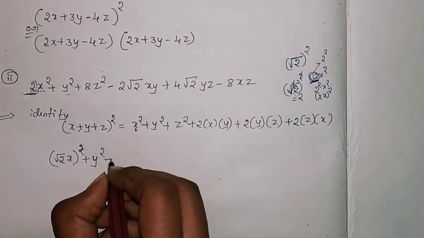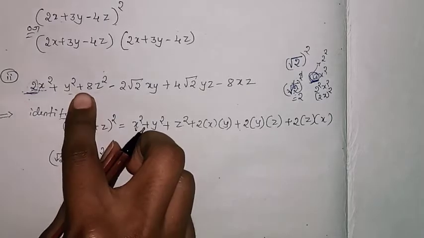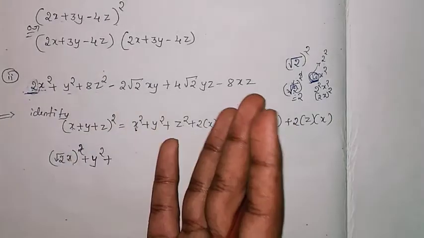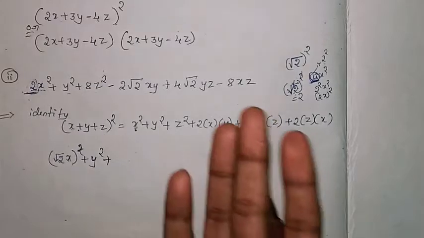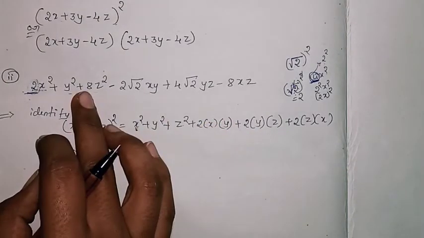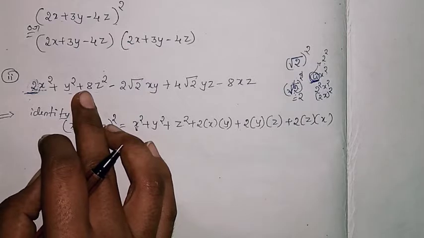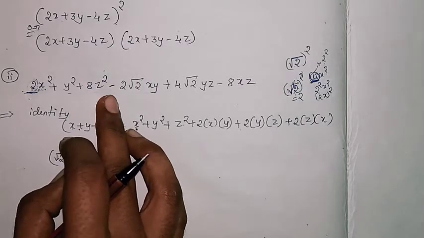Next, the z value that they have given is 8 here. If it is 4, we can write it as 2 square. If it is 6, then it is not possible. If it is 16, then we can write. But if it is 8, then how will you split it?